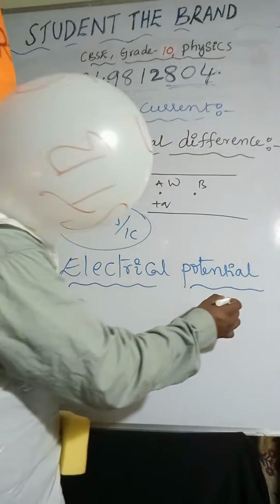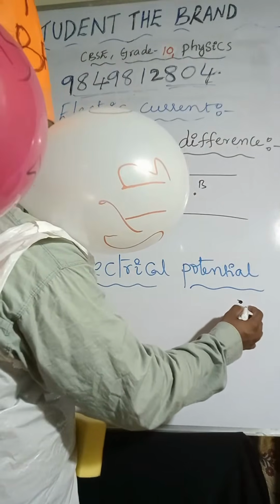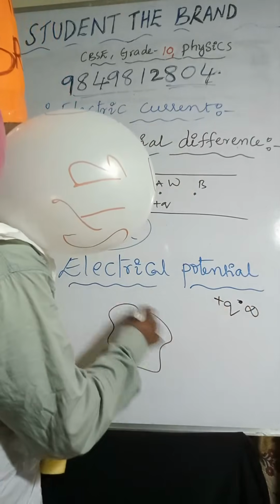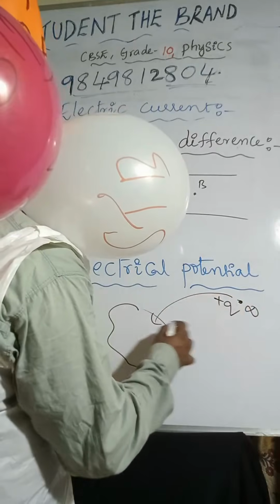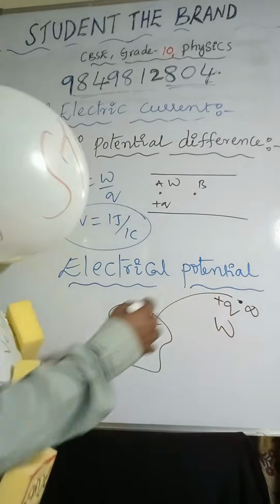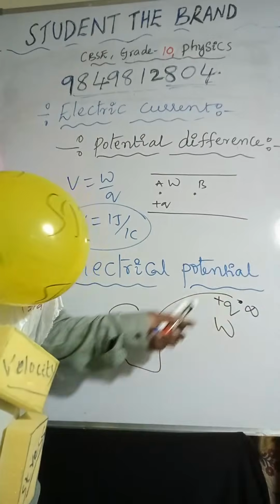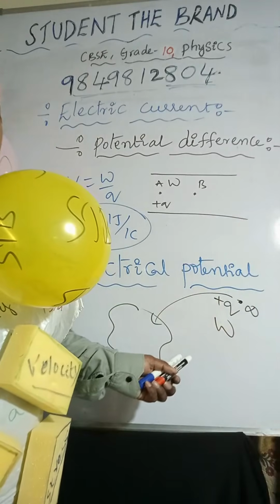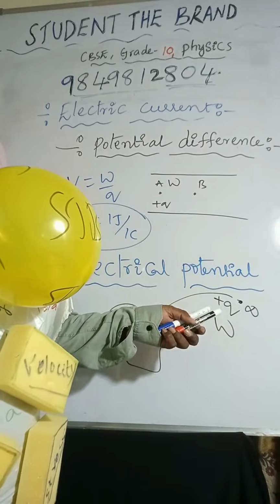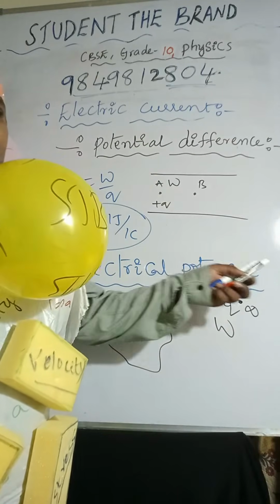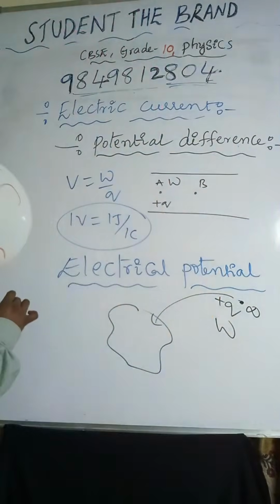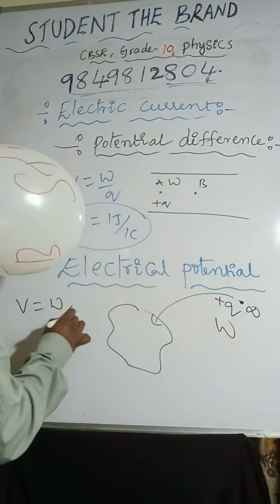So this is the infinity. This is the field. We are doing some work to bring unit positive charge from infinity to the required field. That is called electrical potential. So V equal to W by Q, same.